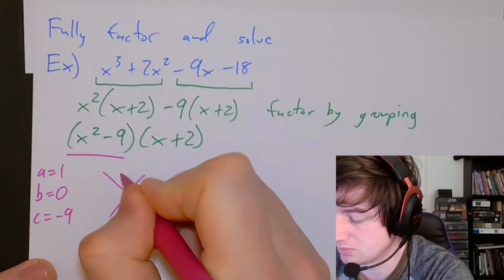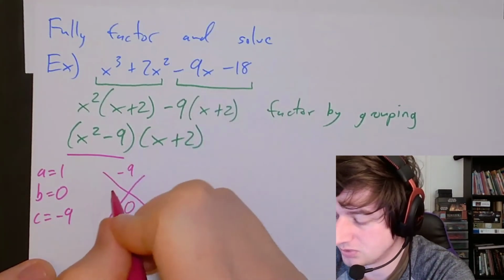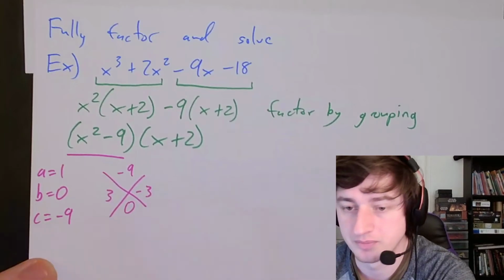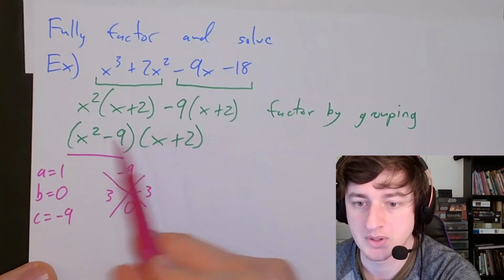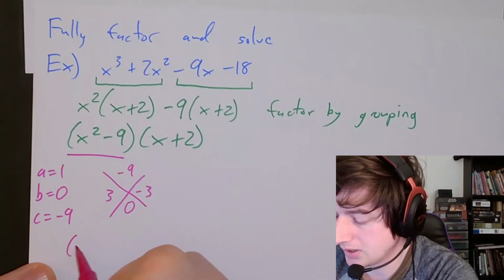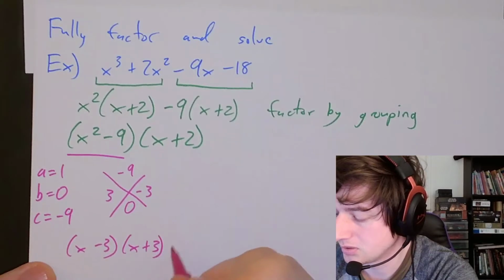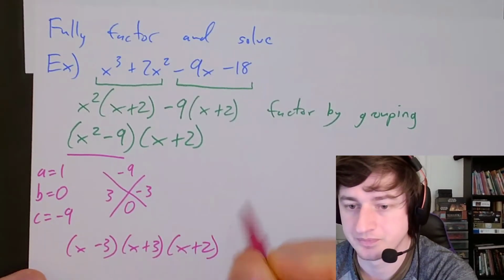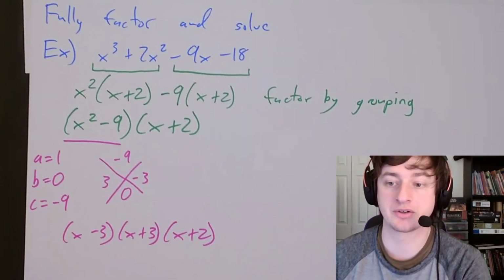We need two numbers that multiply to make negative 9 and add to be 0, which is going to be 3 and minus 3. So this whole thing is x minus a 3 times x plus a 3 times x plus 2. So that's fully factored.